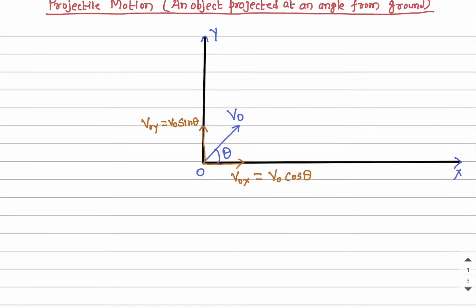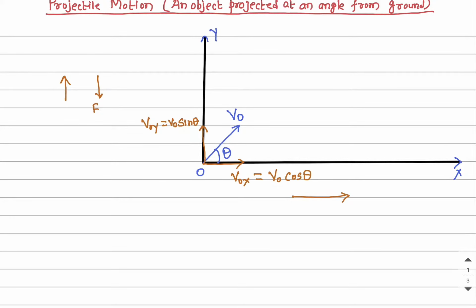So look at this picture here now. Along the x-axis, there is no force acting on it. But along the y-axis, there is a force, and the force is downward. The force is always downward. This force is due to the gravity. The earth is pulling it downwards.